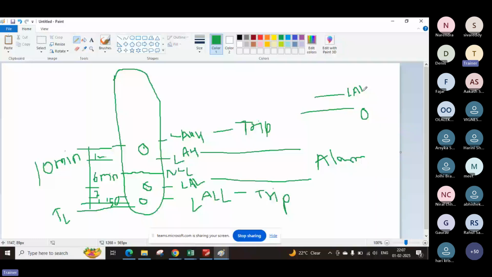This is minimum required as 150 mm or 200 mm minimum, and by time I require this as a minimum 1 minute. So I know how much volume I can give. Suppose if I put this as 150 mm above this, so for 1 minute I know how much is the Q by 60.